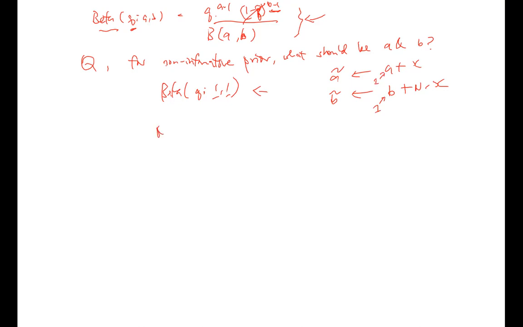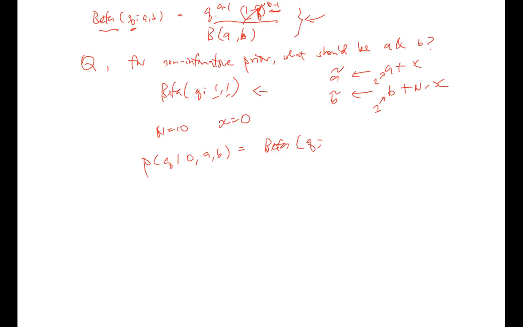Now let's say n is equal to 10. I toss it 10 times. I got x equal to 0. I got no hat at all. So what will be my estimate of q? Let's see. First, what will be my distribution p of q given my observation a, b? From earlier, it will be simply a beta distribution of q. Now a is equal to 1, b equal to 1, and x is equal to 0.